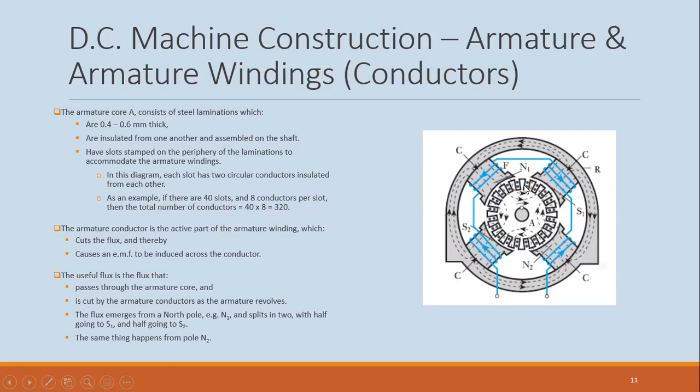So the armature conductors now are the active part of the armature winding that is cutting the flux.